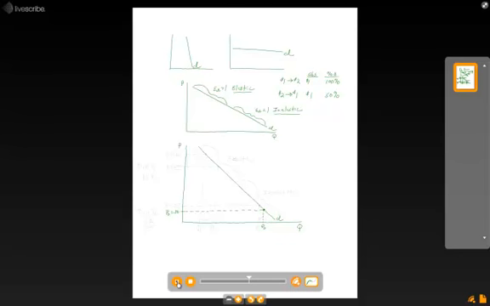Now, let's assume we increase the price of gasoline by 10%. Well, 10% of 50 cents is an absolute change of 5 cents per gallon. So we go from 50 up to P1 of 55 cents per gallon, a relatively small price change.